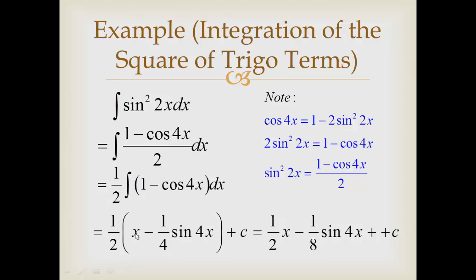So integration of 1 yields x, minus integration of cos 4x yields 1/4 sine 4x. The whole thing is bracketed and multiplied by half in front, plus c. Again, expanding this bracket, I'll get half x minus 1/8 sine 4x plus c as the final answer.